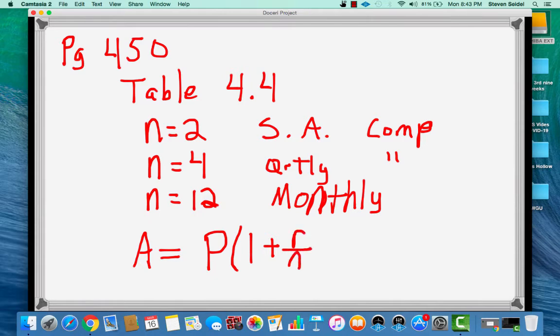We're going to take that interest rate that's already written as a decimal, and we're going to divide that by N, however we're compounding it, whether it's semi-annually, quarterly, or monthly. Okay, if it's compounded more than once a year, you're going to have to use this formula. Okay, now here's the even trickier part when you punch it in.